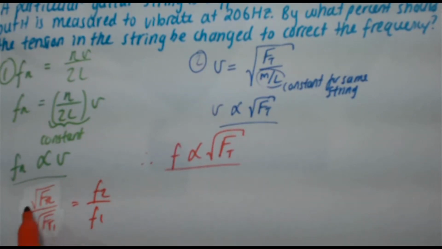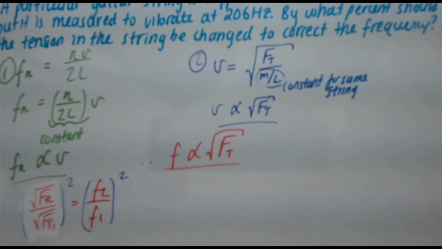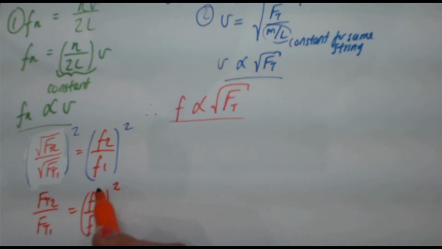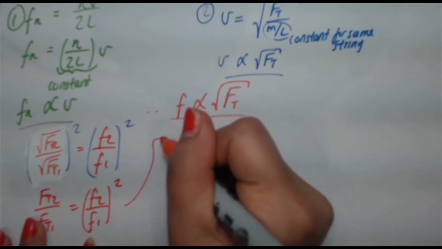Because I want to know the ratio of the tension forces, I'm going to square both sides just to get rid of that square root. Square this side, square that side, and you're going to get Ft2 over Ft1 is equal to f2 over f1, squared. Now I wouldn't distribute the square onto the fraction there, because whatever you plug in for the frequencies, you don't want to have to square each one individually and then deal with them later. So let's just leave it like this.